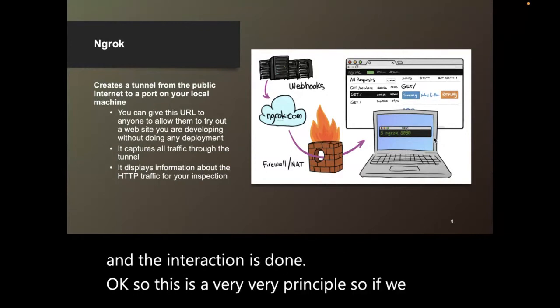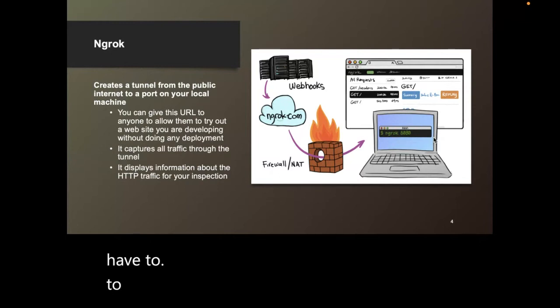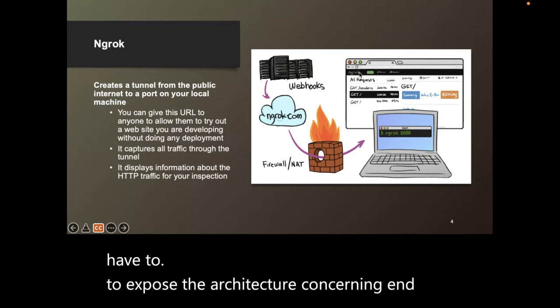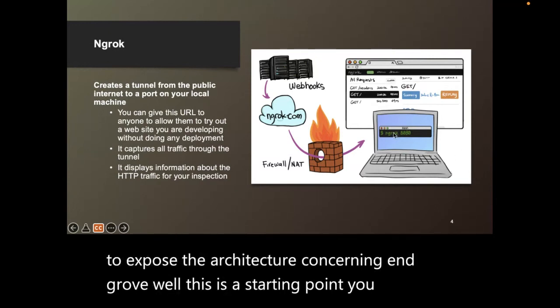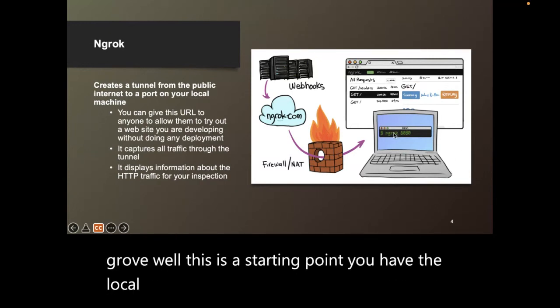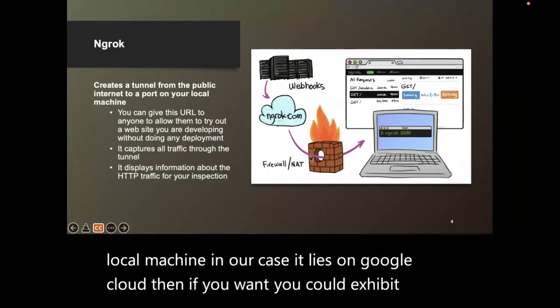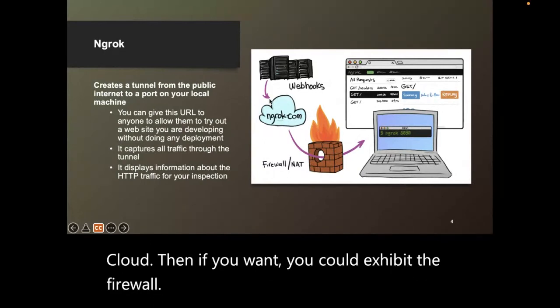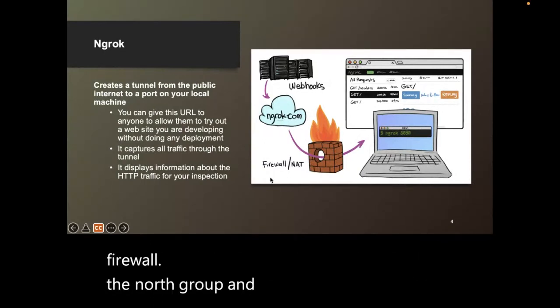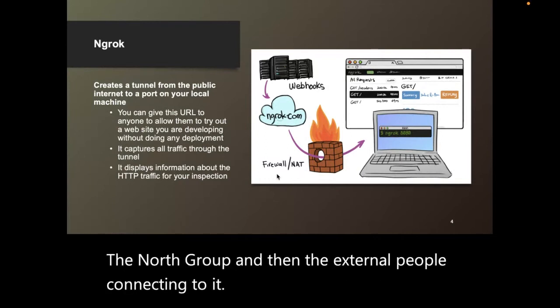So if we have to expose the architecture concerning ngrok, this is a starting point. You have the local machine, which in our case lies on Google Cloud. Then, if you want, you could exhibit the firewall, then ngrok, and then the external people connecting to it.